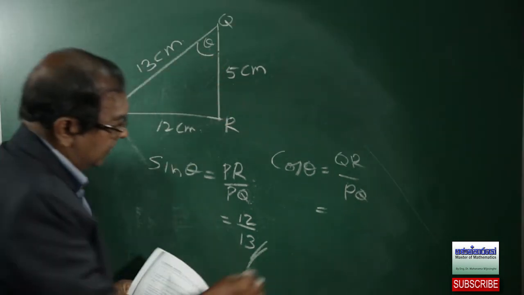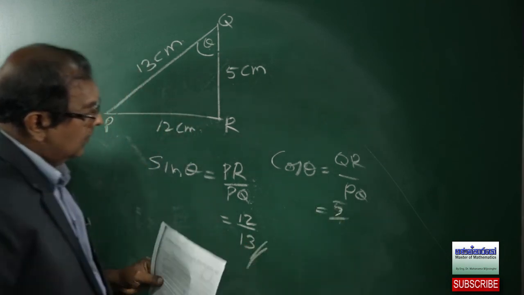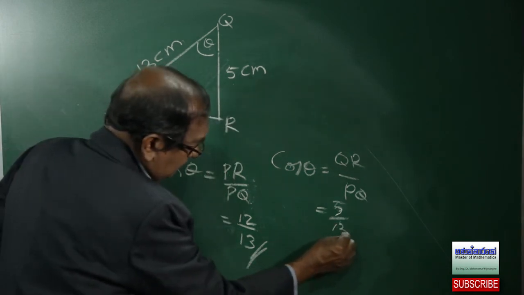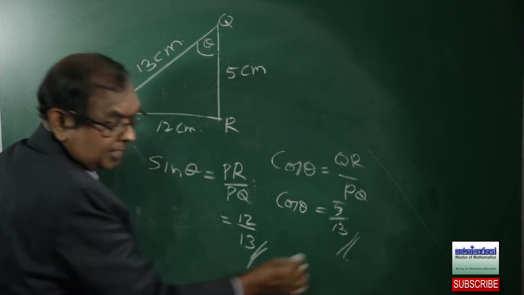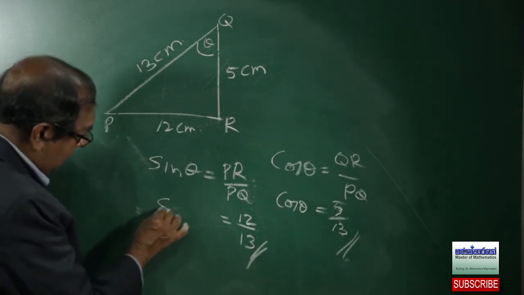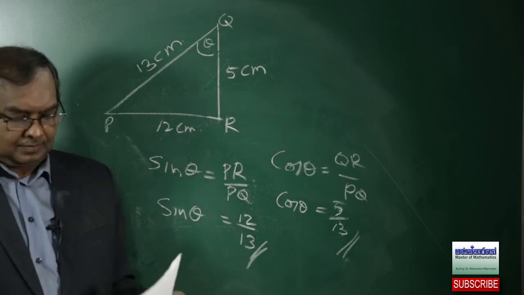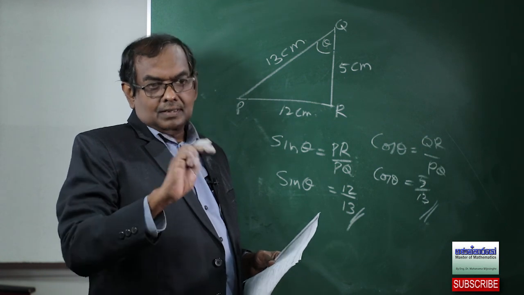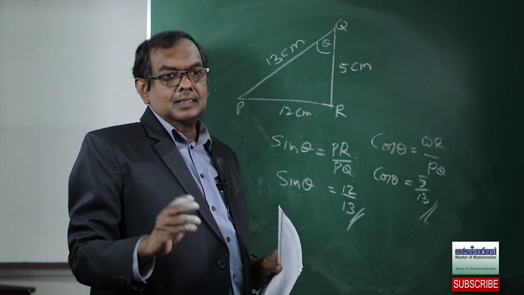QR is 5 centimeter, PQ is 13 centimeter, then cos theta means 5 divided by 13, sin theta means 12 divided by 30. This is the answer.